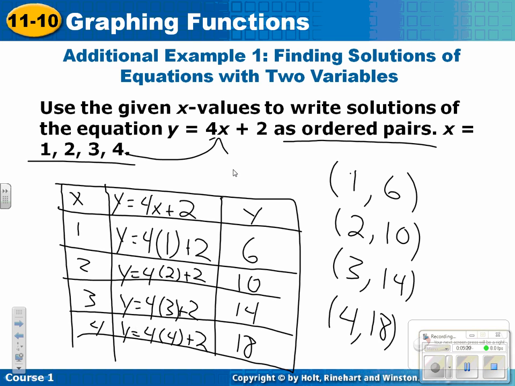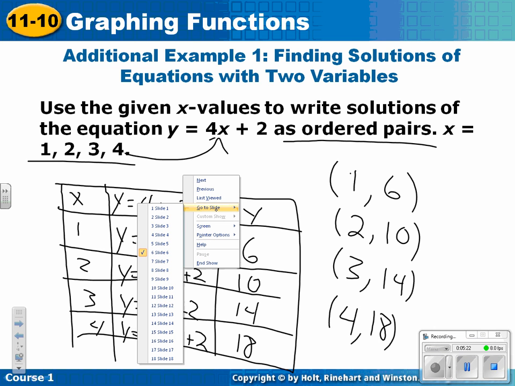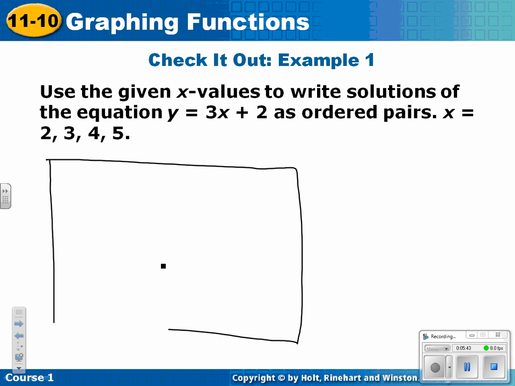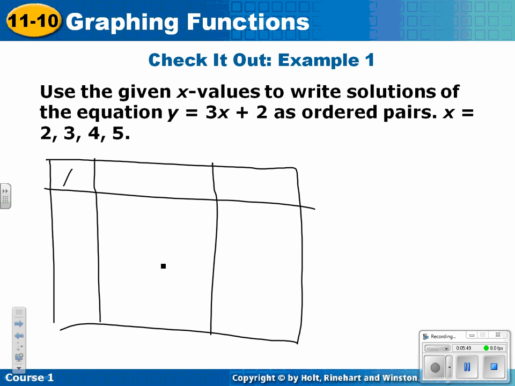So, again, the next one. What is it that I have to do? What should I do? Leah. Make like a box thing. Let's use a good word. How about a table? Okay. So we can do this, and we'll save a little bit of time by going x here, y here. What goes here?